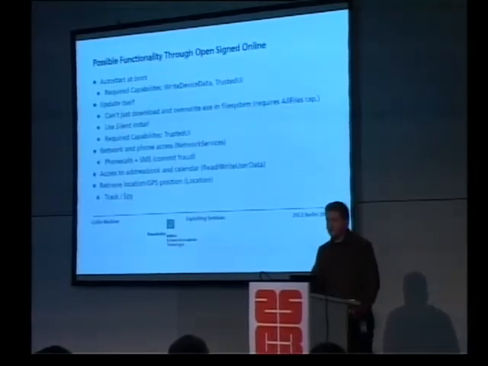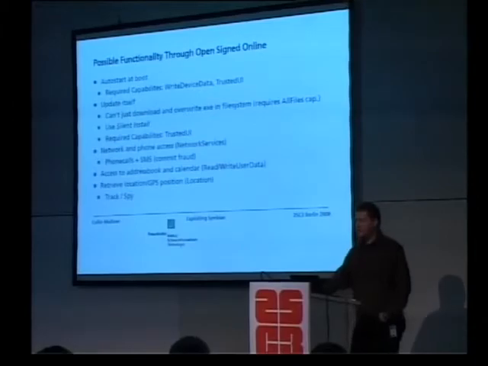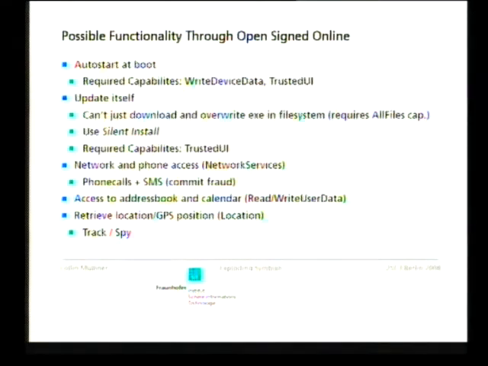So what could you do if you abuse the online signing system? Of course auto start. Self update is always nice, or installation of other utilities using stuff like silent install, which is just another add-on library which you could of course easily embed into your malware.